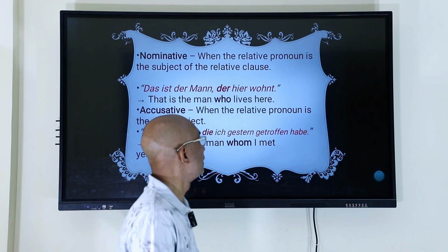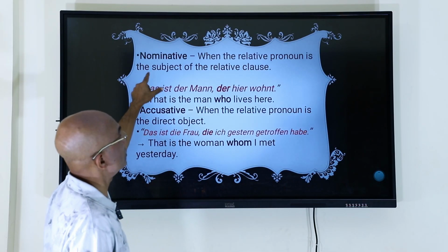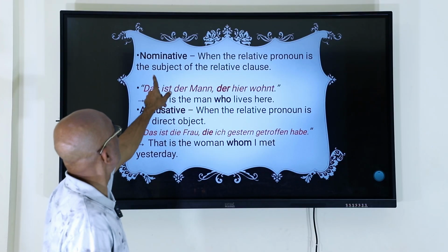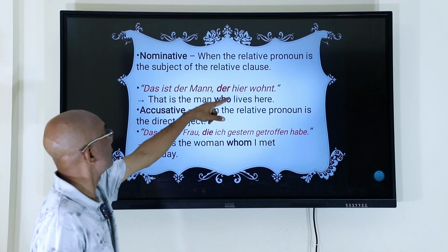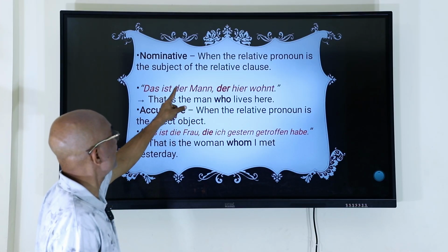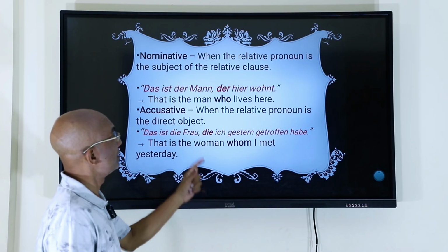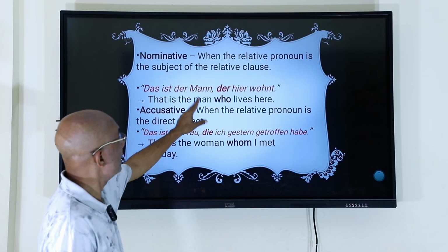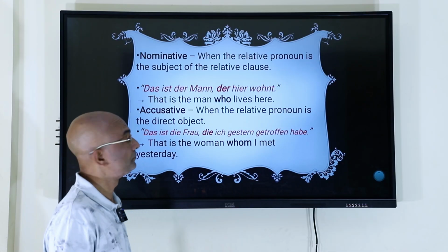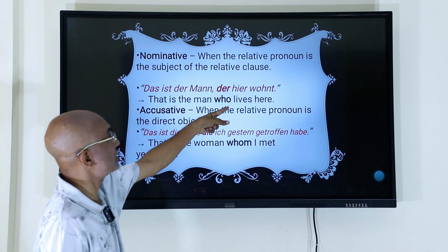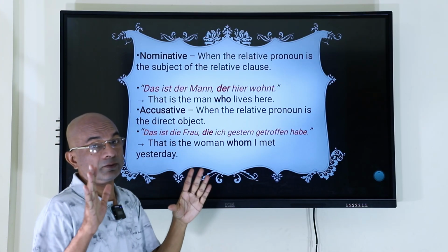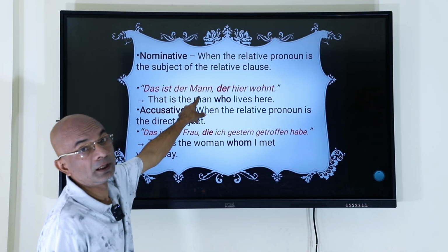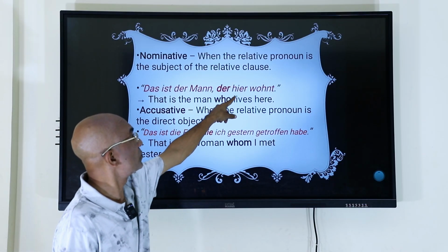So nominative: when the relative pronoun is the subject of the relative clause, for example, "der Mann, der hier wohnt." That is the man who lives here. Okay, that is a nominative. Because we are taking "der Mann", an article of "der Mann" we are using here.